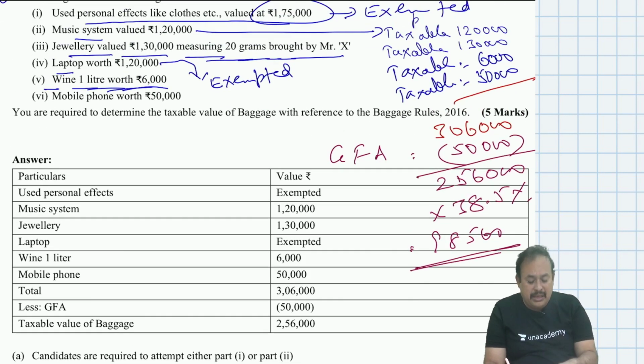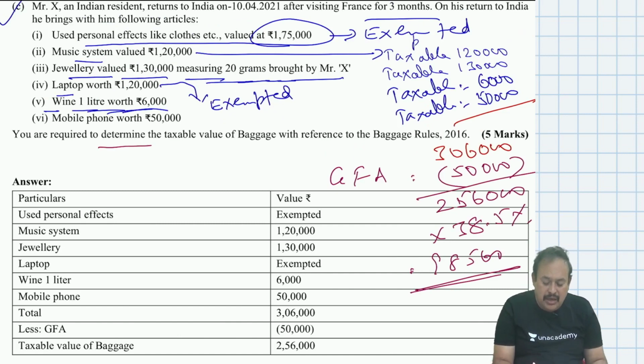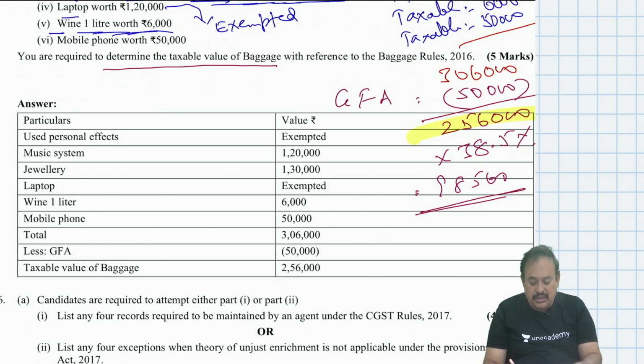But the problem here is, they are asking to determine the value of taxable supply only, not asking the rate of duty. Therefore, the answer here is 2,56,000. Got the clarity, my dear friends?